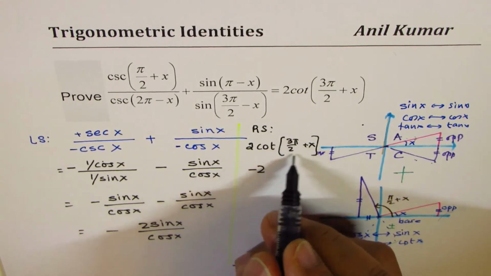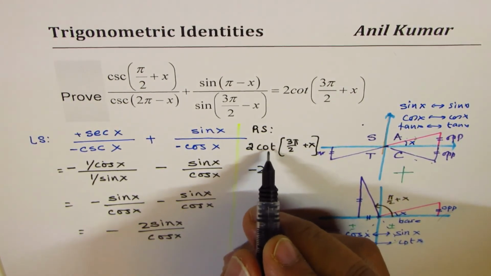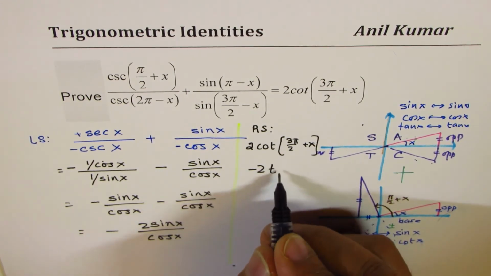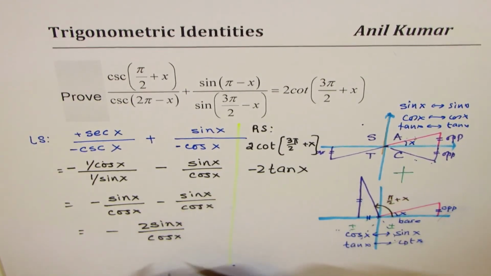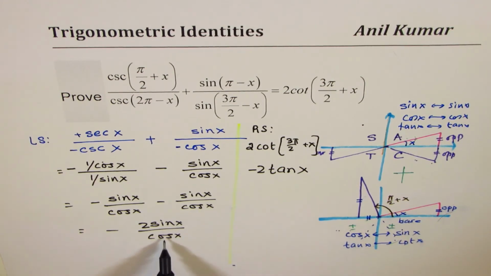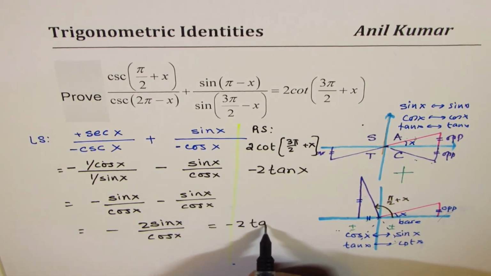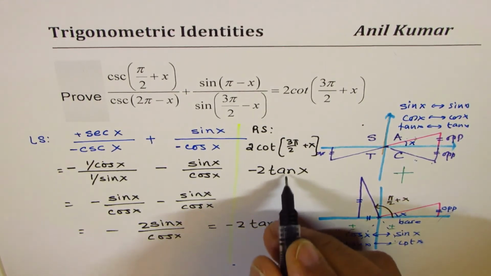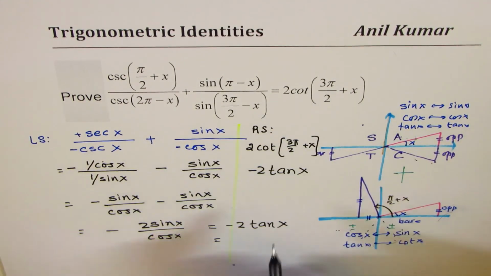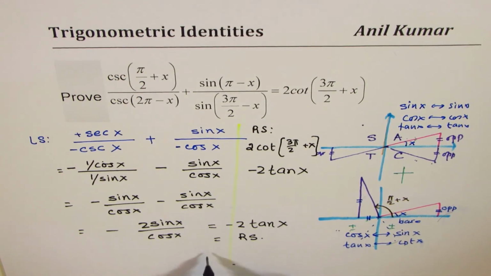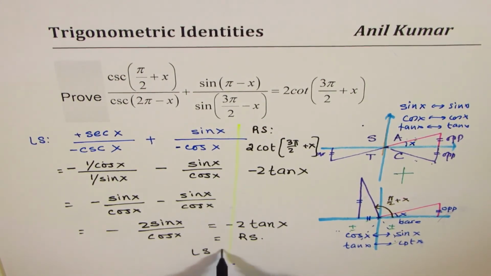And since it is 3pi/2 plus something, cot changes to tan, so it becomes minus 2 tan x. And that's what we have here, which is minus 2 tan x. So minus 2 tan x is the same as this, which is the right side. So we have shown that left side equals right side.